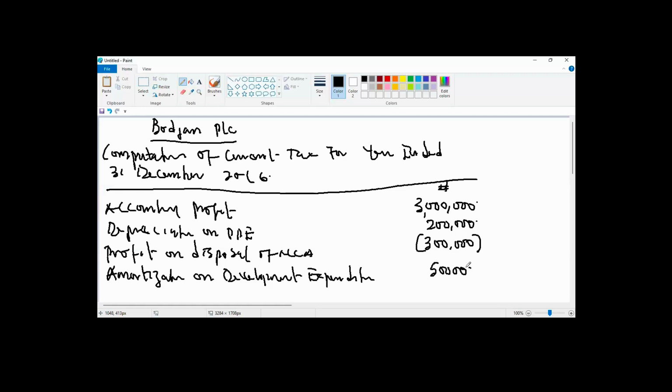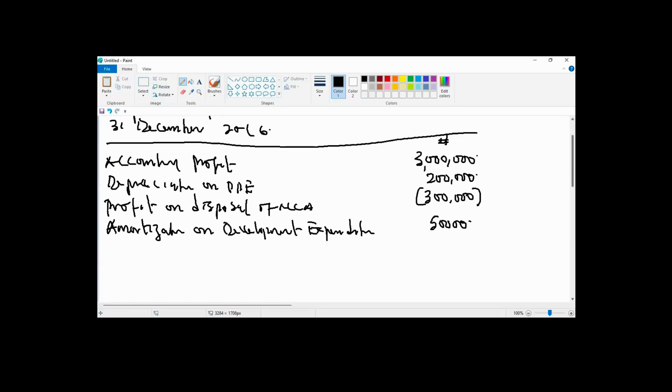And what is the position of the tax people on development expenditure? If we go to additional information 4, development cost is an allowable deduction for tax in full in the year the expenses occurred. So we are going to remove it in full.